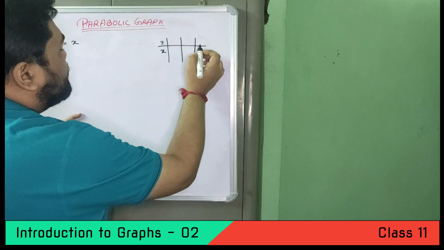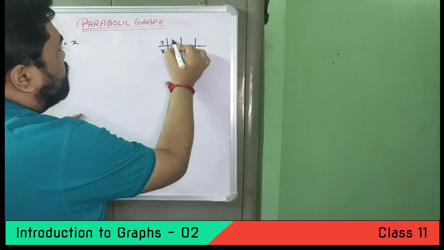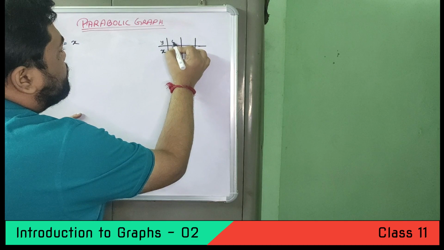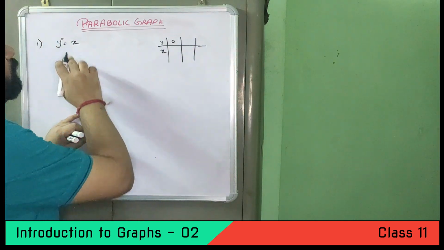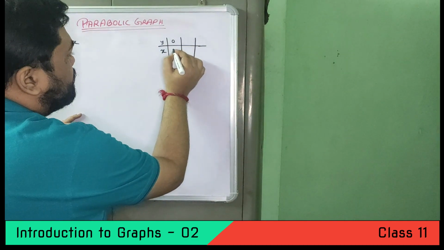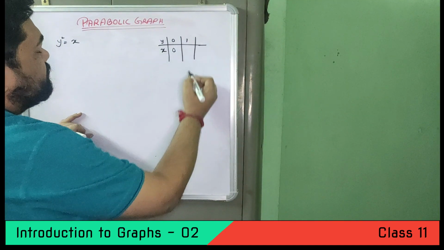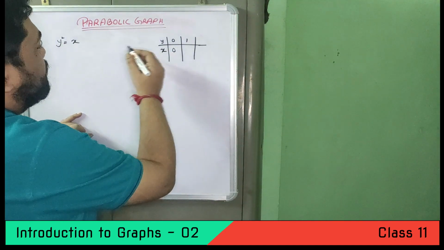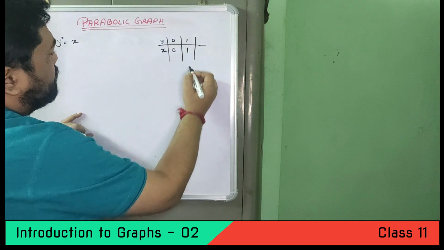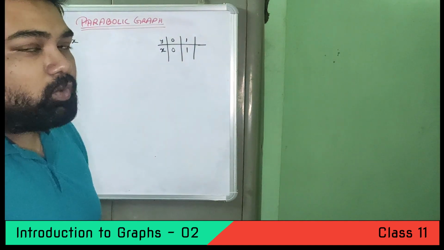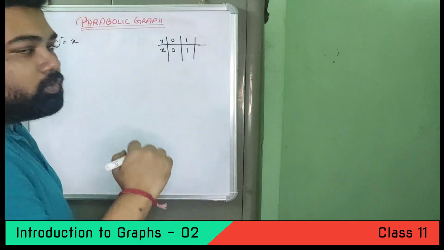Now if I consider different values of y and x respectively, what we will see is that if I put the value of y as 0, the value of x will also be 0. Okay. Now if I put the value of y as 1, I will find x as 1 also. That means x equals y square, that means 1 square, which is 1.